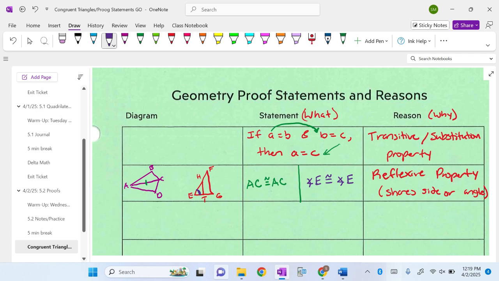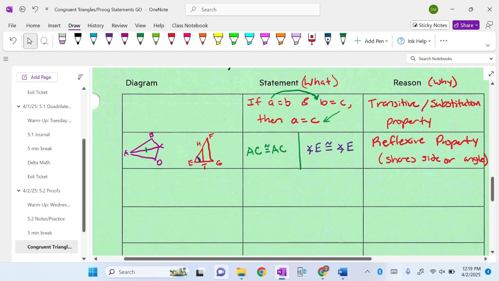Even though it's technically part of two different triangles, they're connected by this side or angle. So obviously those sides and angles are equal to each other. That's what's called the reflexive property. They literally share a side or an angle. And obviously, if it's the exact same side, it's equal to itself. Does that make sense?